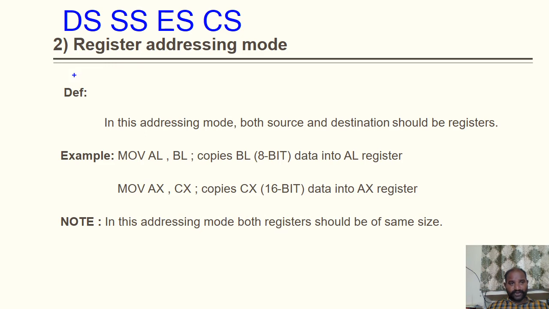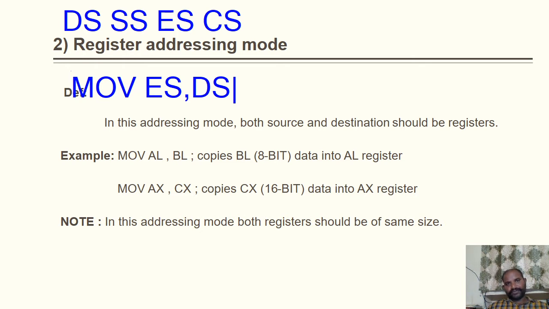What I mean to say is that if I write MOV ES, DS, it is not acceptable. Copying one segment register's content into another segment register is not possible. If you want to copy the DS content into ES, it should be done via the accumulator.